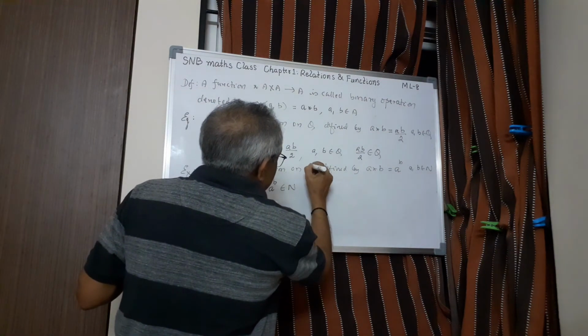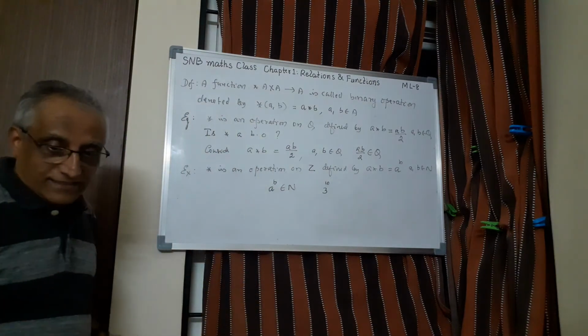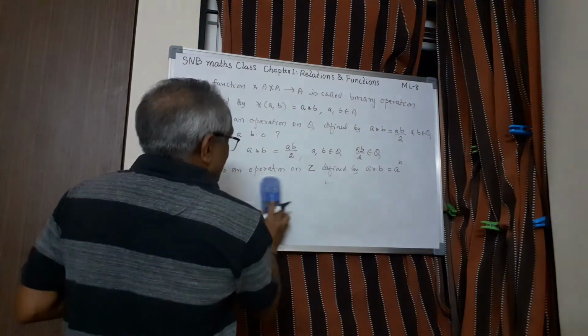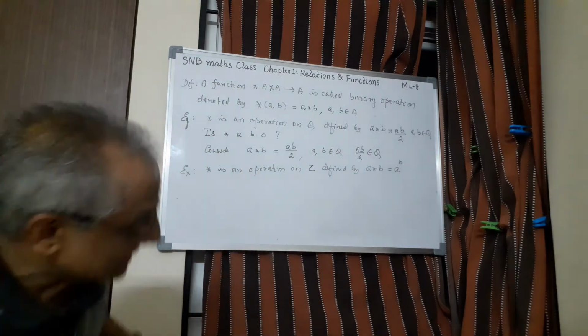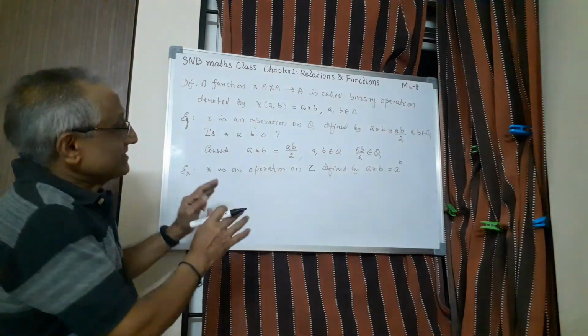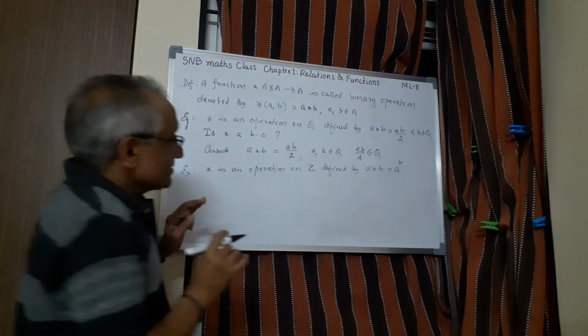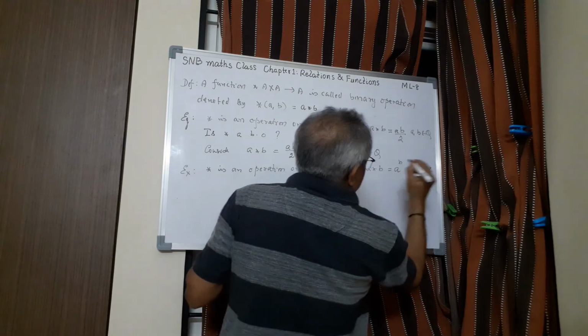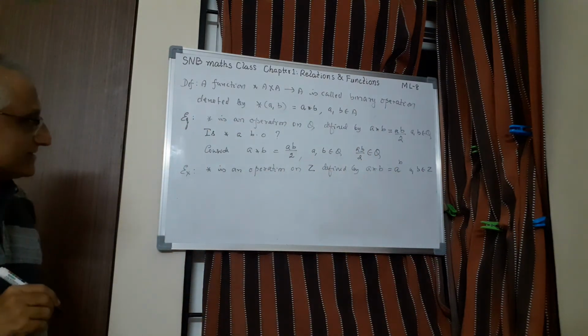Defined on Z. Is it a binary operation? Therefore, please note, given any operation, you cannot decide whether it is binary or not just by taking the definition. So now you see a star b, a, b belonging to Z. Is it a binary operation?